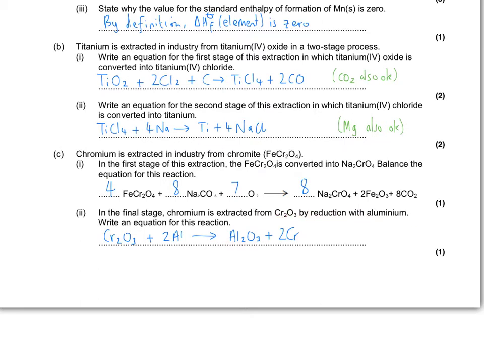It's Al2O3. Aluminium is a 3 plus charge, oxide is a 2 minus charge. So write the formula of aluminium oxide. Chromium oxide you've been given, be 2Cr because it's a metal, not Cr2, 2Cr to balance, and then 2Al is the last part.